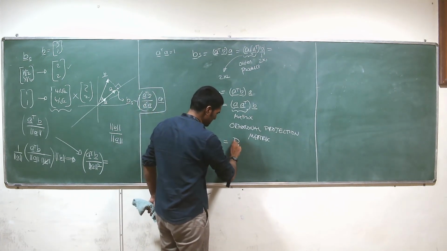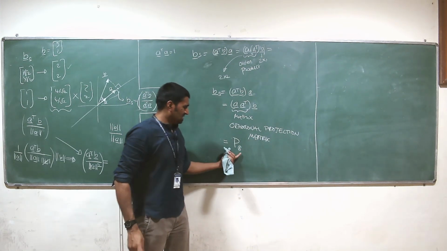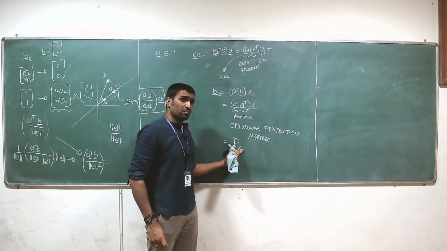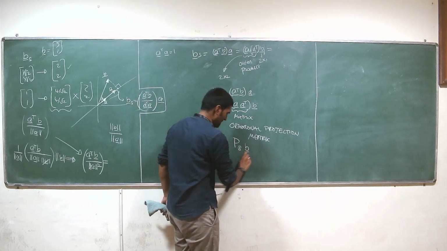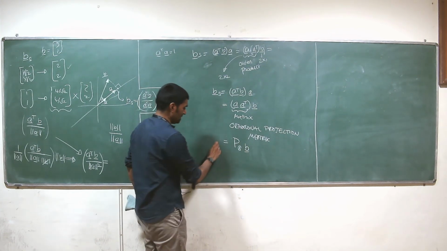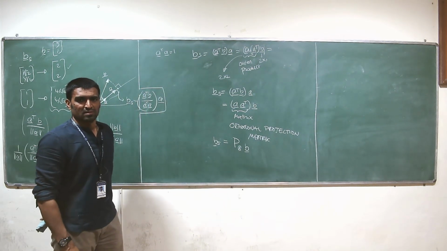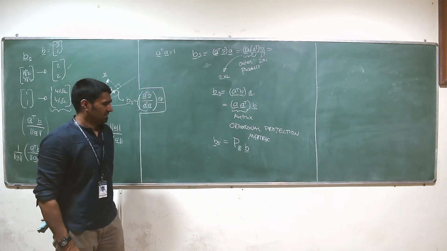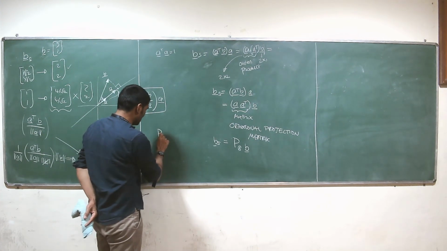We'll simply write it as P with subscript S, which says that this is an orthogonal projection matrix onto the subspace S. And if you take that matrix and multiply it by B, you'll get the projection. And the orthogonal projection matrix is given by this.